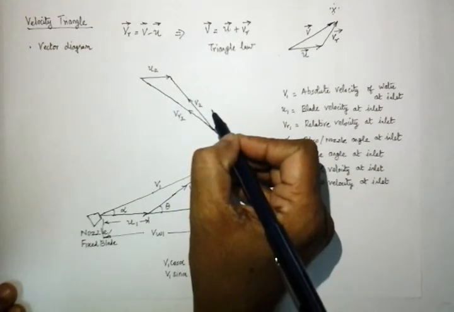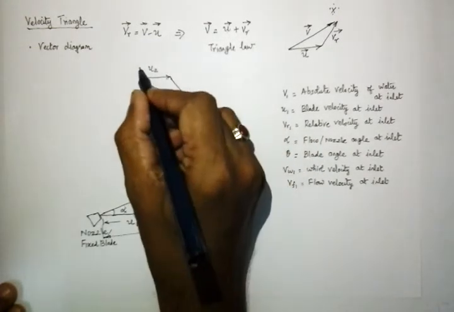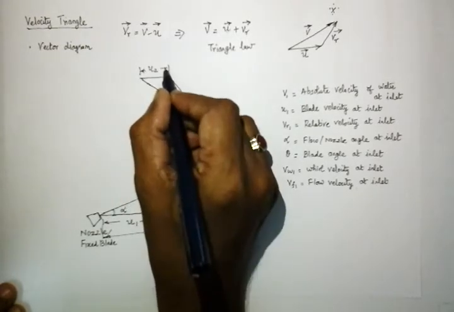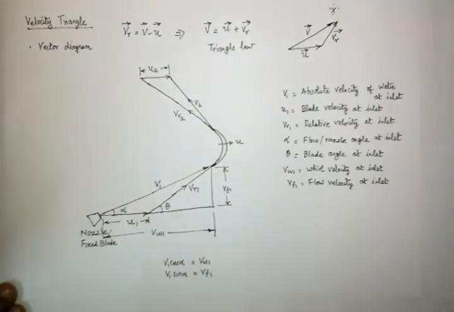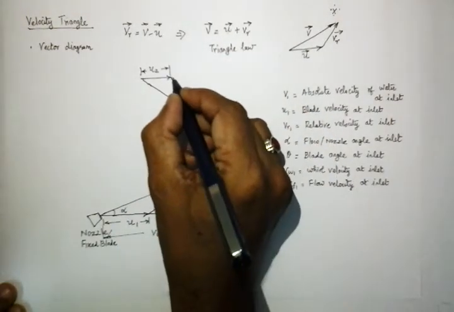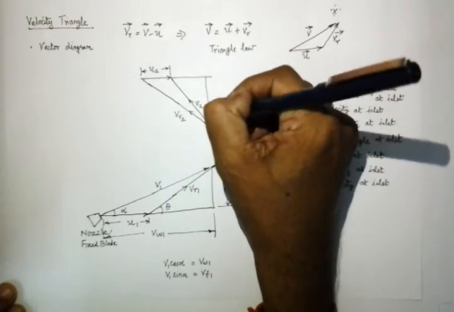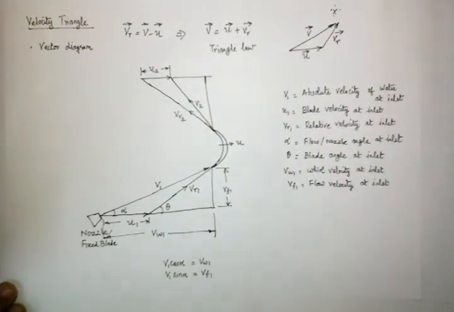Now let me complete the triangle. Remember, from here to here alone it is u. The magnitude from here to here represents v2. If we complete the triangle like this, we will have the complete triangle.